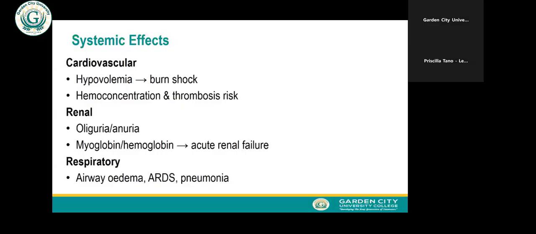So we are now getting into the renal system. There's oliguria, or better still, anuria at the first instance. We talk about increased hemoconcentration. Now myoglobin has come in here.